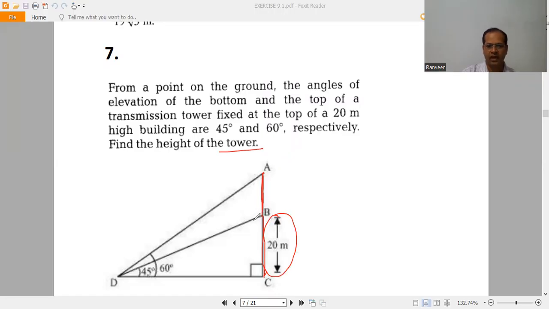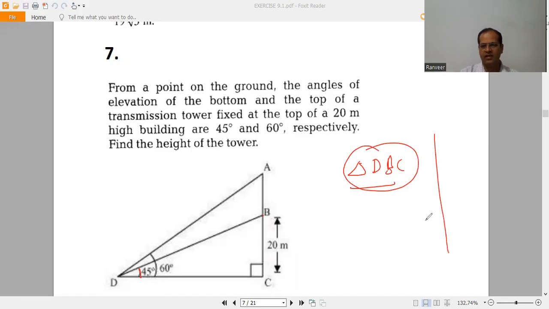Now to find out AB, first of all you have to visualize this 45 degree angle which is made by this triangle DBC. If you take one triangle, first of all you have to visualize the thing. We can find this value just by tan 45. This is nothing but 20, that is BC divided by DC, and tan 45 is 1.